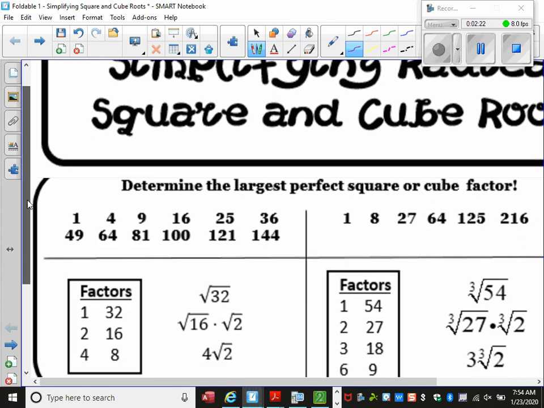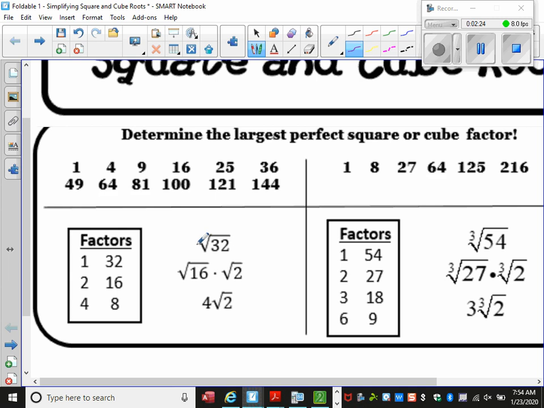Our goal is to take this radicand right here. This is 32, and obviously it's not a perfect square. We want to find the largest factor in 32 that is a perfect square. What times what will give you 32, but we want the largest perfect square as a factor.